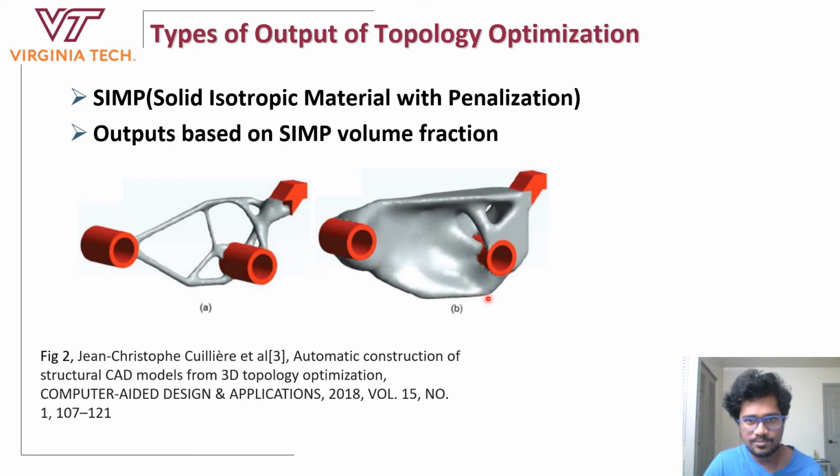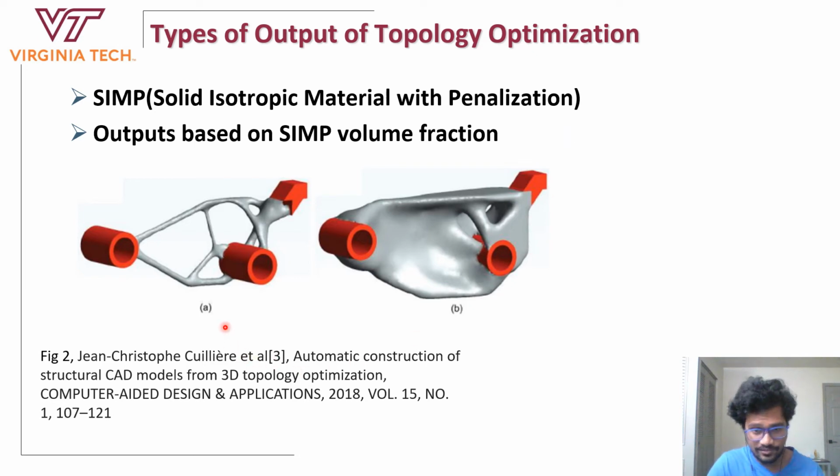So the type of topology optimization that has been used for this paper is called solid isotropic material with penalization. The author also mentions one important thing, a parameter called the SIMP volume fraction. So this basically controls the amount of material that is available for optimization.